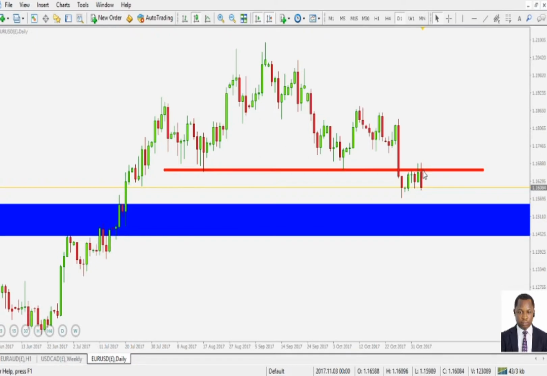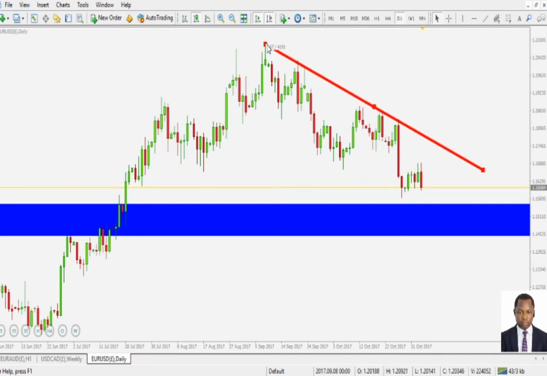Let me try to draw this. I talked about this pattern, the channel right here, which could be the overall acceptable pattern that many traders are not even paying attention to.